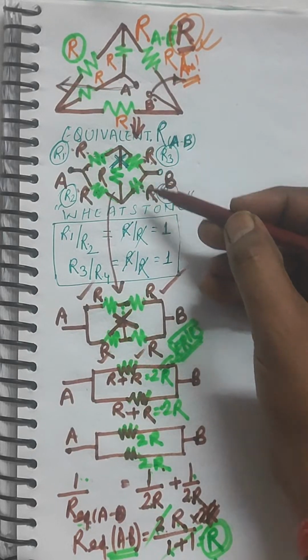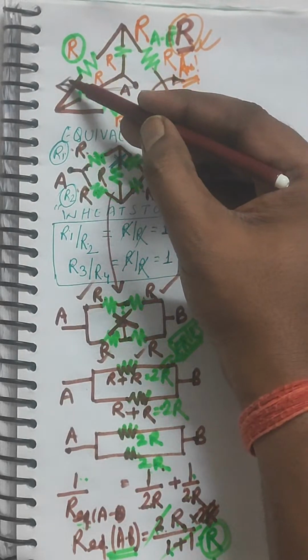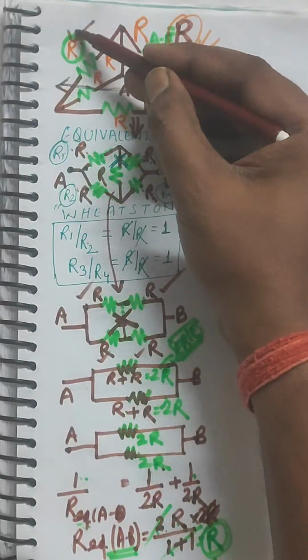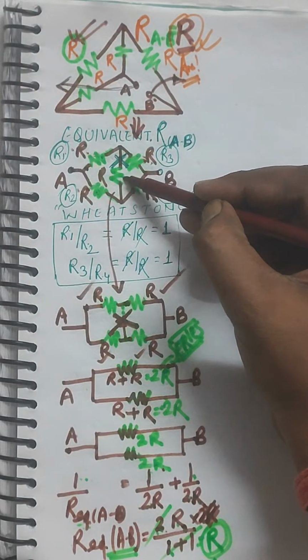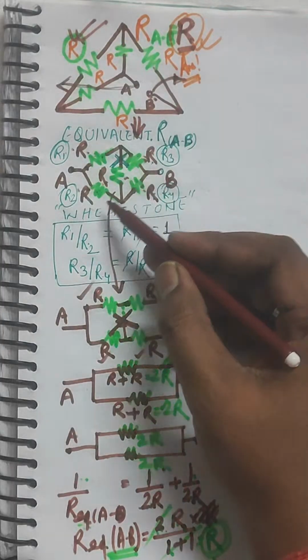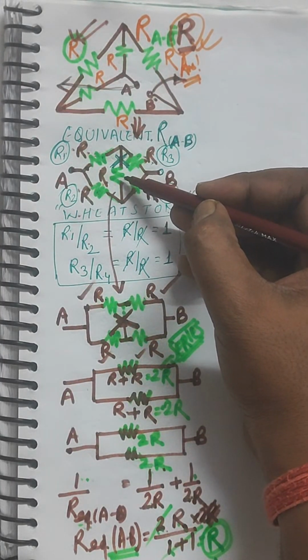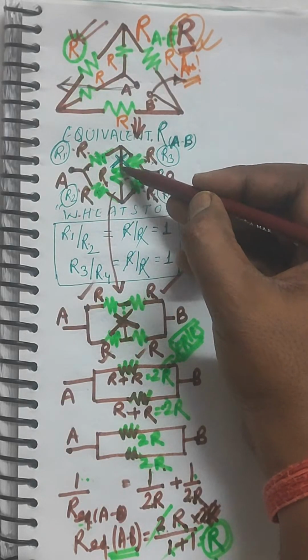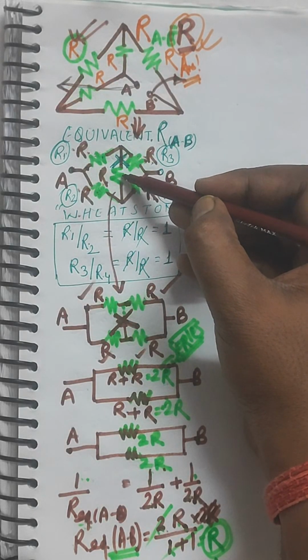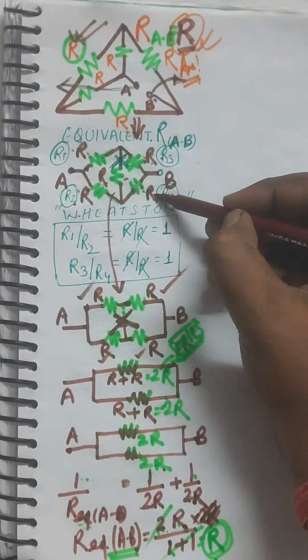So if you remember the Wheatstone bridge, this is coming in the central branch. A galvanometer was connected through the central, short-circuited branch. What was happening? The ratio of R1 by R2 should be equal to R3 by R4.